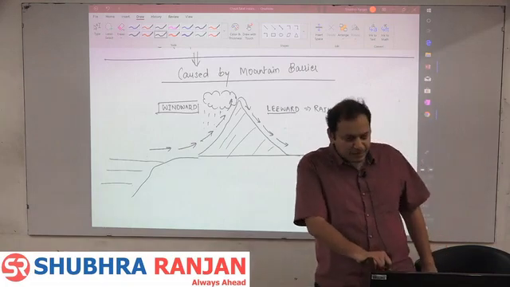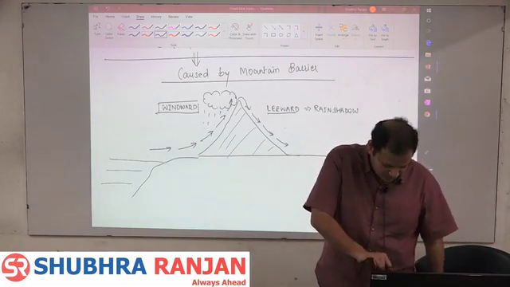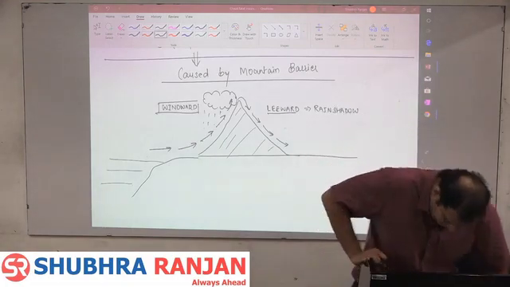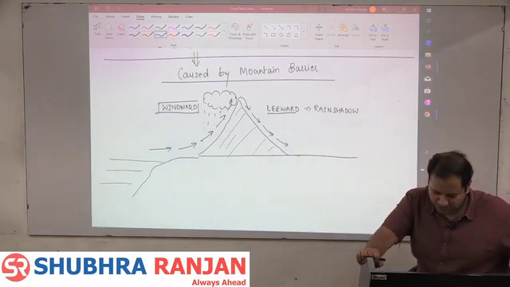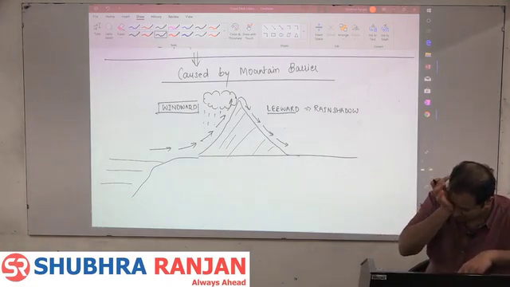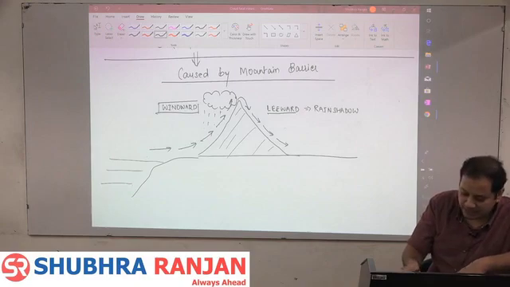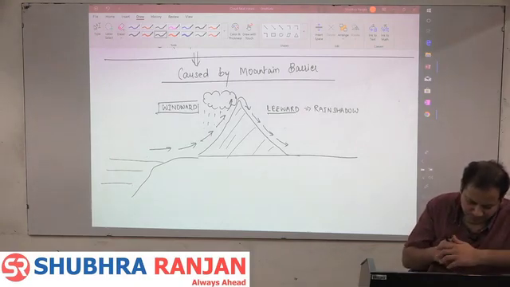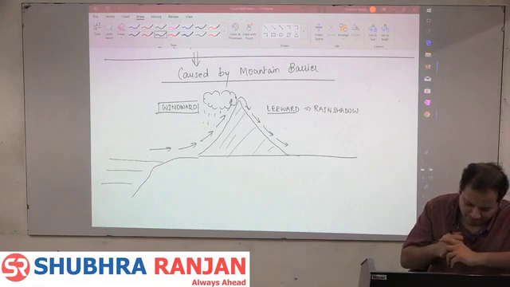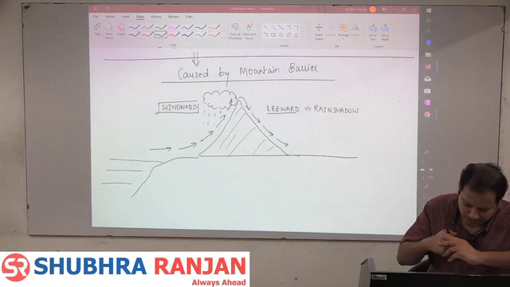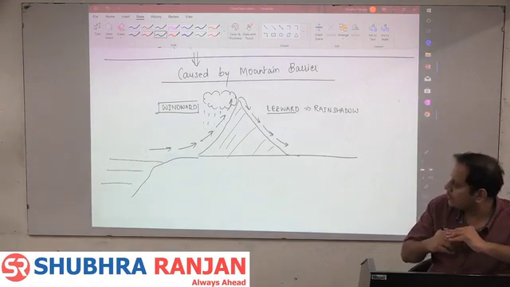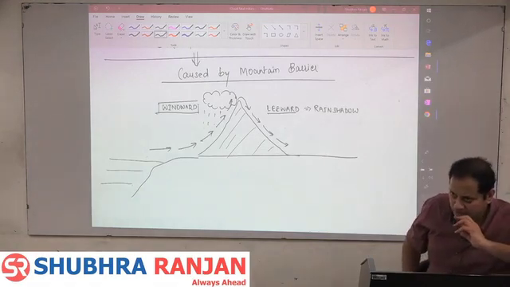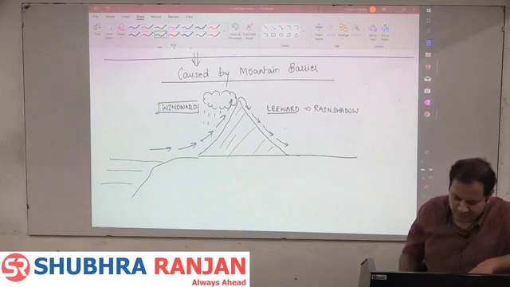Very heavy rainfall occurs due to the ascent of the wind on the windward side.